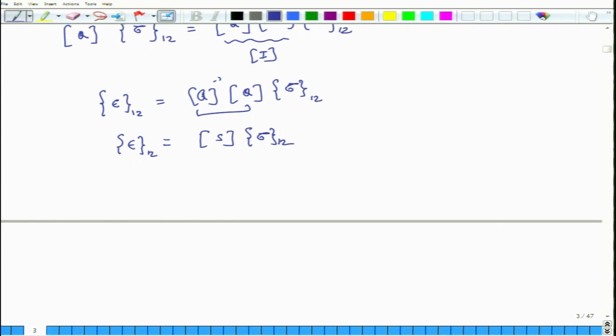So, what we will do is we will spell out the relations between the S matrix and the Q matrix.